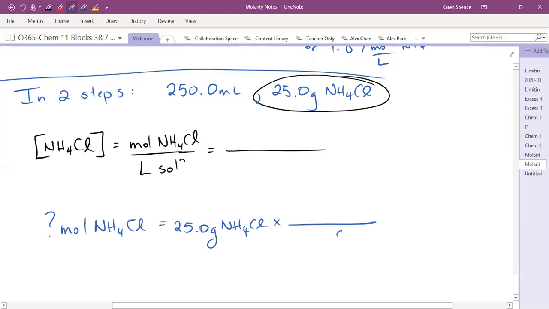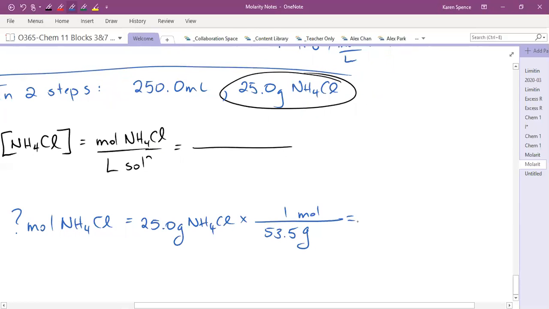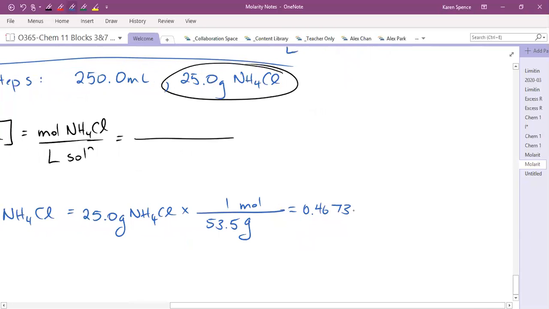So you want to cancel grams and find moles, and the molar mass was 53.5 grams per 1 mole. And we get 0.4673 moles of NH4Cl.